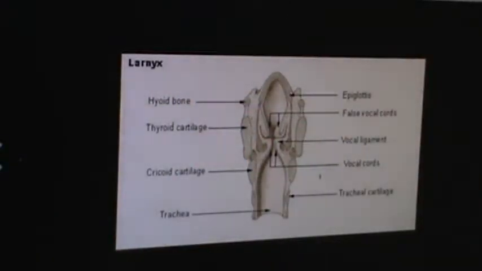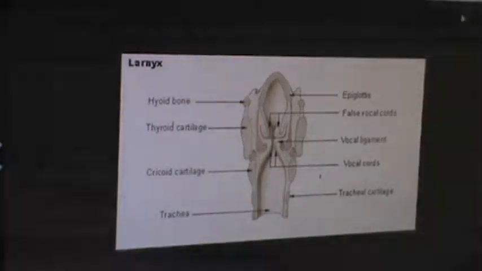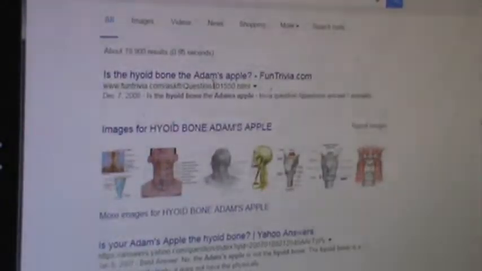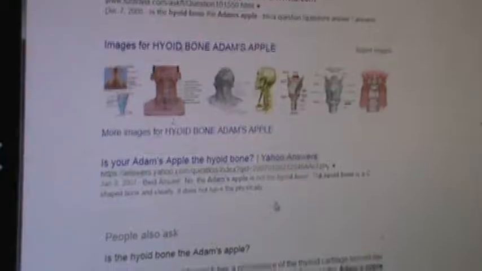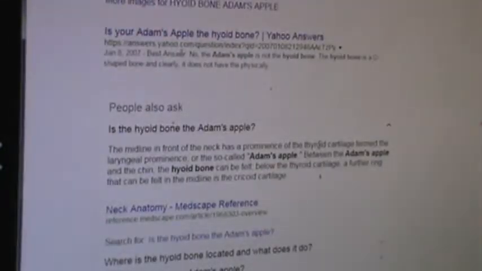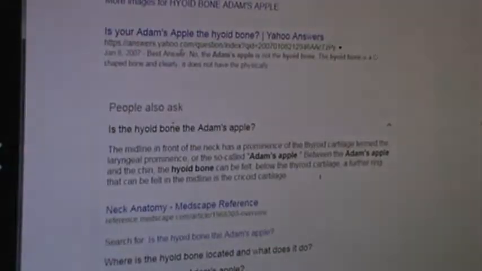And I believe the hyoid bone is what makes the Adam's apple. I mean, I believe that is what they refer to. It's the colloquial name, is it not? The midline in front of the neck has a prominence of the thyroid cartilage, termed the laryngeal prominence, or the so-called Adam's apple.